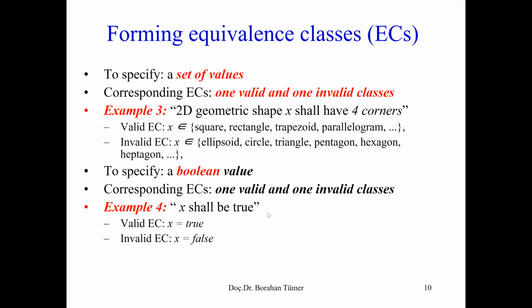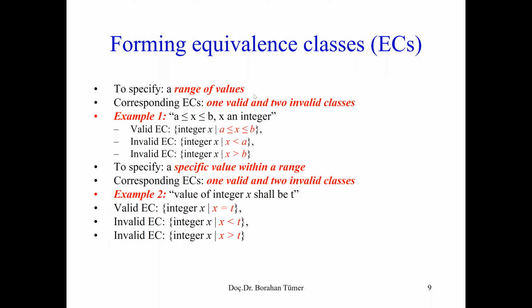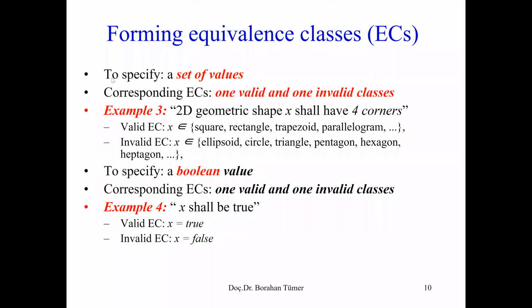We're trying to form equivalence classes, all right? And we form the equivalence classes for a range of values, for a specific value within a range, and now as a third alternative, we may form an equivalence class for a set of values.